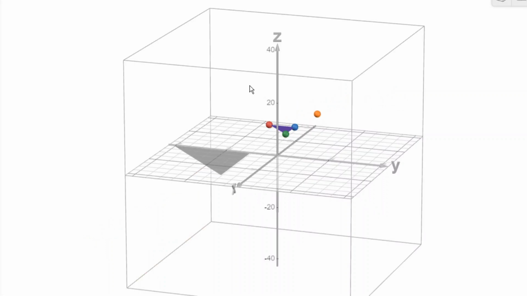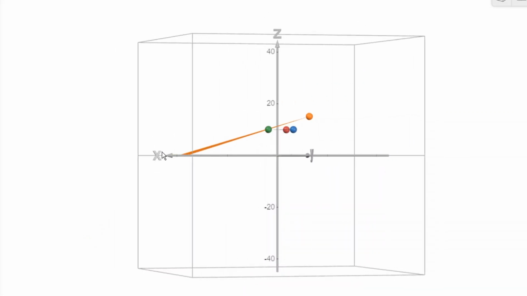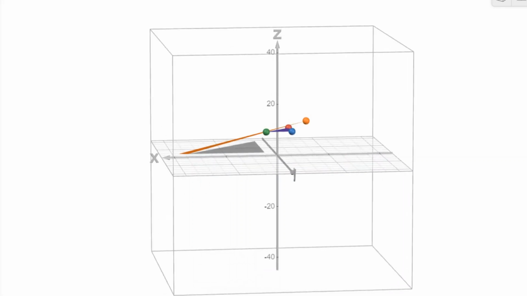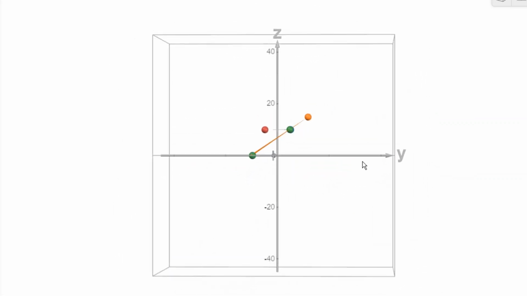Okay, in extending this to 3D, it might seem complicated, but it's really actually just the same thing. So you're just going to take it from the perspective of looking at the XZ plane, and then do similar triangles. So this triangle and this triangle, do similar triangles, figure out where the shadow point is going to be, and then you do it from this perspective.